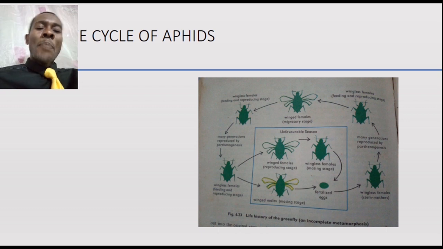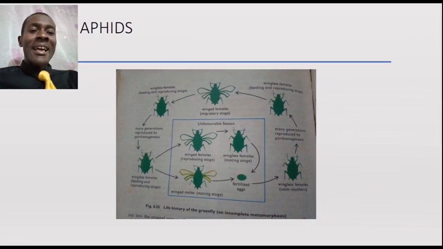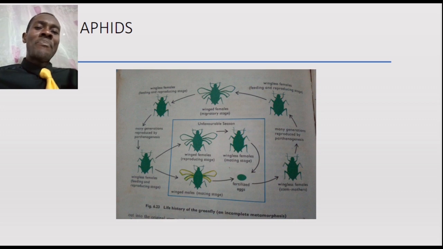There are different species of aphids, and they have piercing and sucking mouth parts. As you can see on your screen, there are different stages that the aphid passes through. But all in all, the aphid undergoes incomplete metamorphosis.